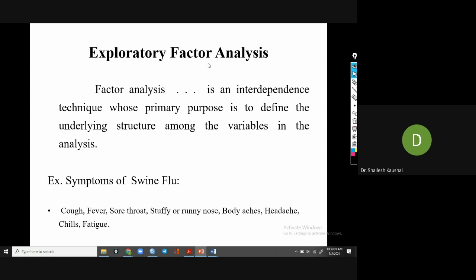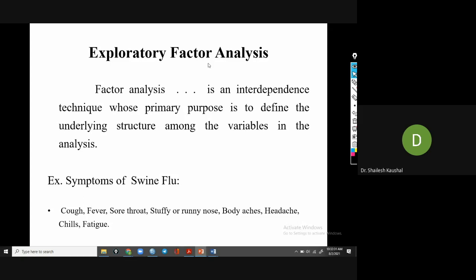The underlying structure means latent phenomena. In social science research, through one question we cannot identify a particular phenomenon. For example, if we want to know the satisfaction level of students or our respondents, then for measuring satisfaction we need at least 4 or 5 questions.